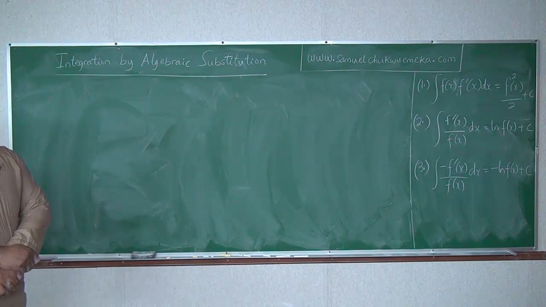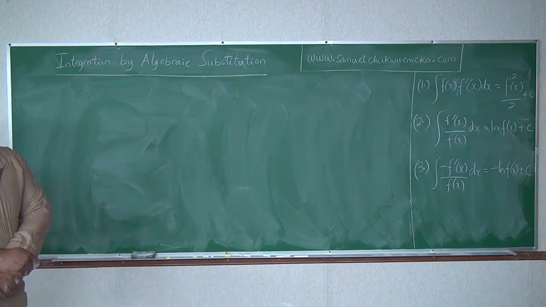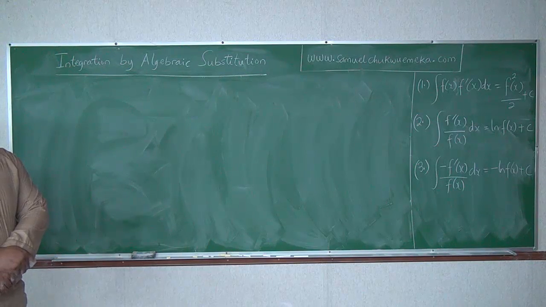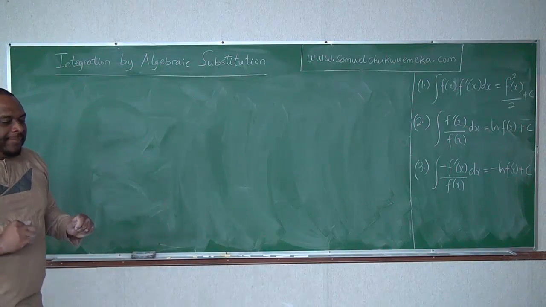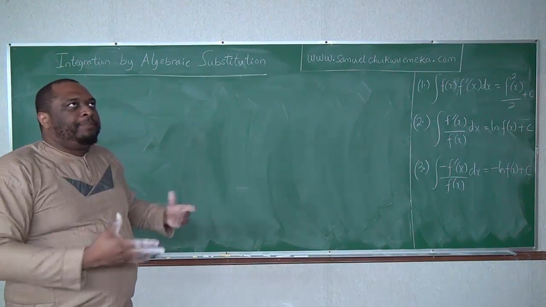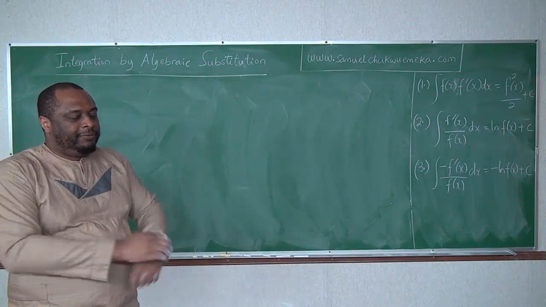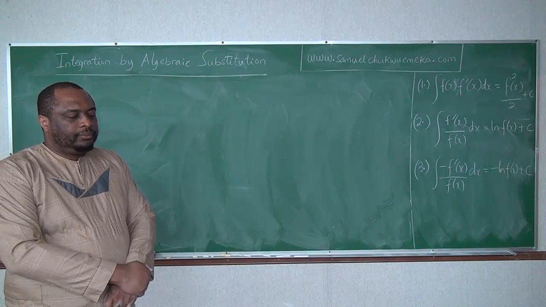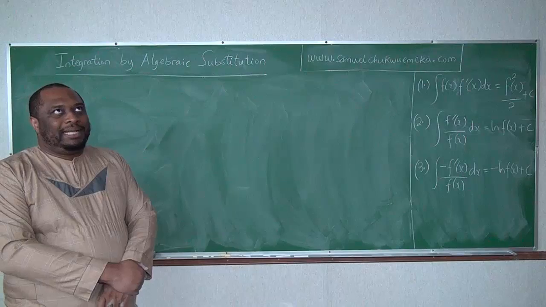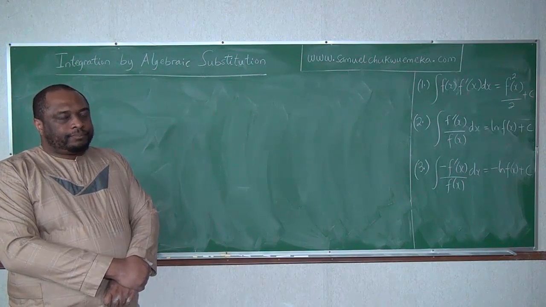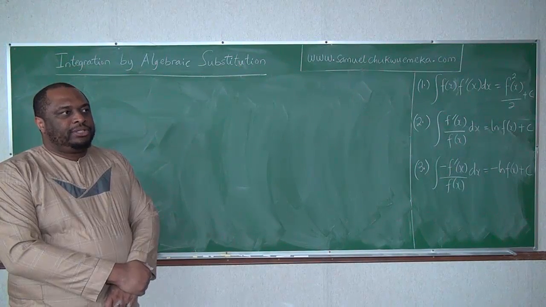If we have a case like this, and I'm mixing up all the functions. I know I've done trigonometric, but I'm going to mix up several functions. Anytime you have a case like this, you're going to use algebraic substitution.